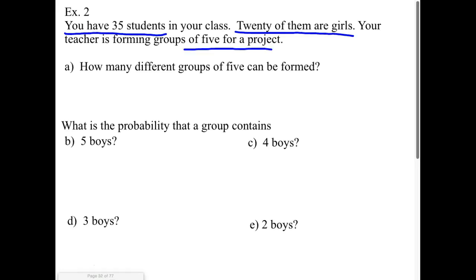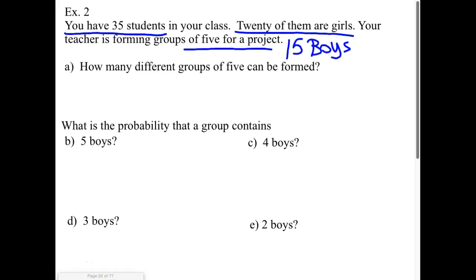Let's pause real quick. If 20 of the 35 students are girls, that means there have to be 15 boys, because 20 plus 15 gives us 35.